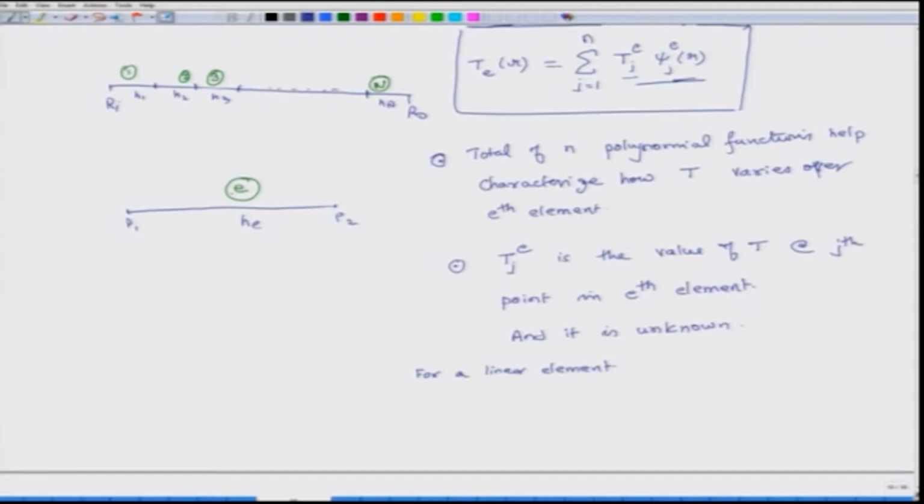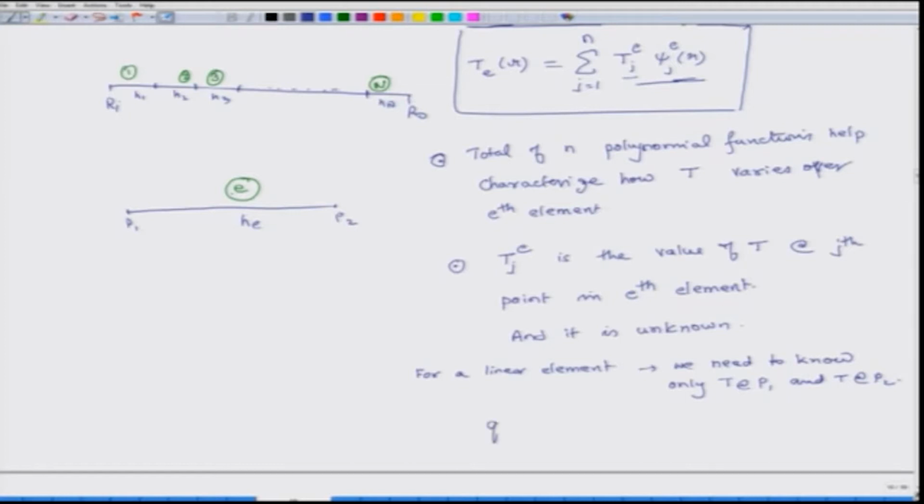For a linear element, we need to know only T at P1 and T at P2, and then we can interpolate. So, then we can develop an interpolation function based on that.